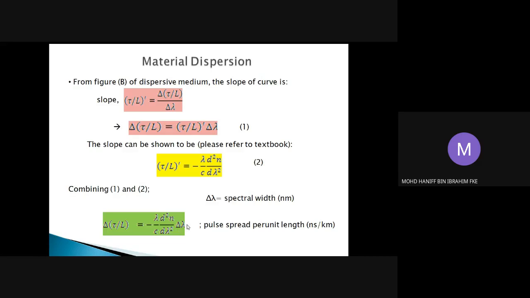Delta lambda is the spectral width of your light source. This is the equation that shall be used to calculate the pulse spread per unit length in nanoseconds per kilometer due to material dispersion.